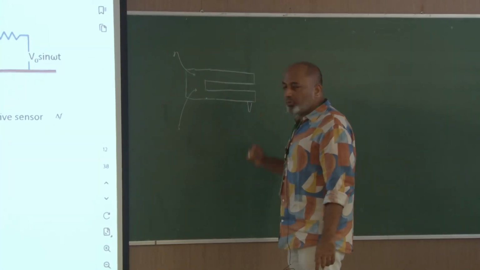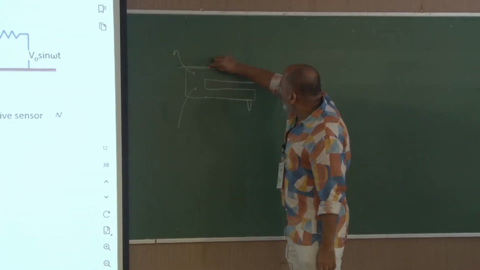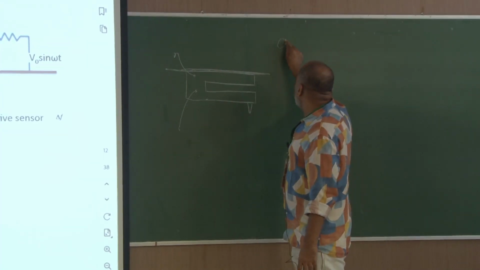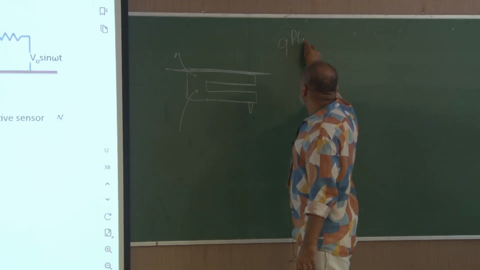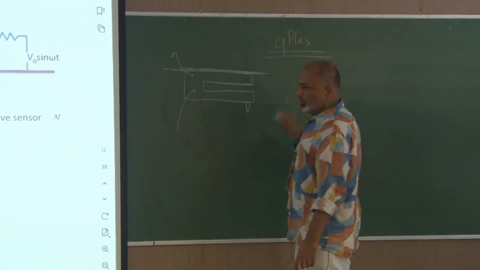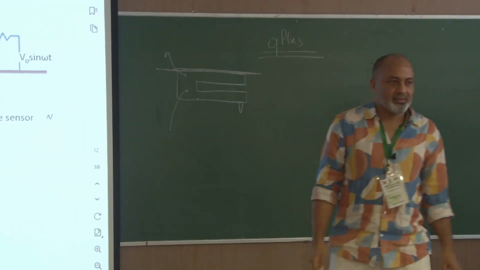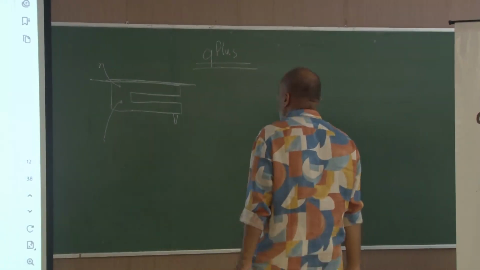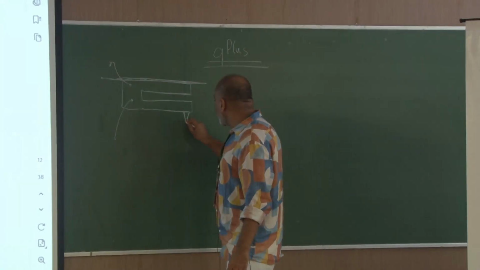You put a tip at one of these and hold this on a substrate, and this is called a Q plus sensor, invented by people using ENSOM first initially, and then later someone called Giessibl, who really made this thing popular, and it's quite an interesting one.